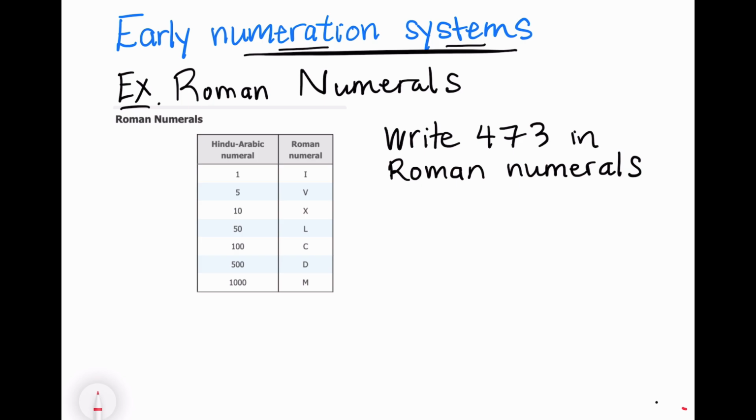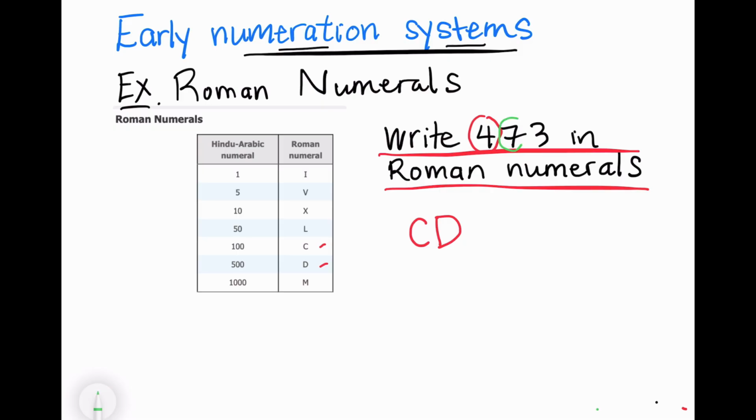So let's write the number 473 using Roman numerals. I'm going to start by looking at the 4. How do I express 400? Again, remember, I can't do CCCC, because I can only repeat 3 times. So I'm going to use 500, and I'm going to subtract 100 by writing it to the left.